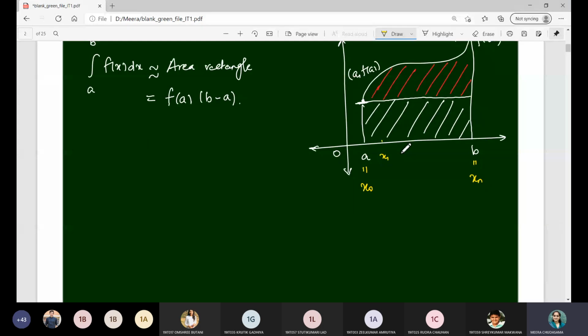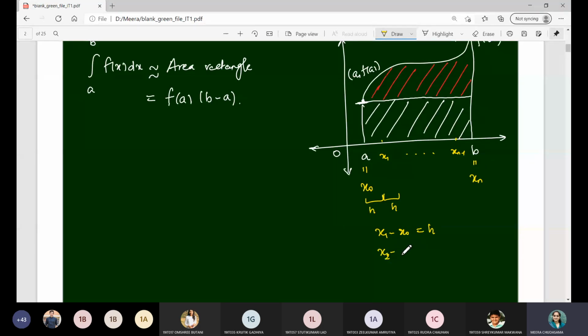But now we will consider the length of these subintervals as h, which is a fixed quantity. That means x1 minus x0 has the same length h. x2 minus x1, if I consider, that also has the same length. xn minus xn minus 1 also has the same length.